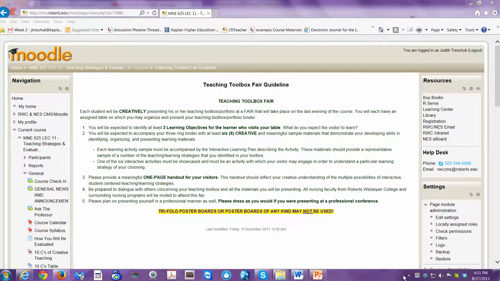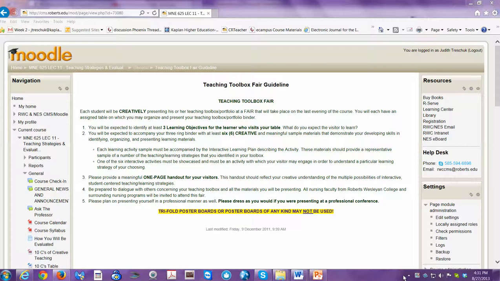So you have to have some palpable, tangible, I can pick it up, somebody could touch it, symbol or example is a better term, example for your teaching strategy that you've identified. So you have 6 of them.